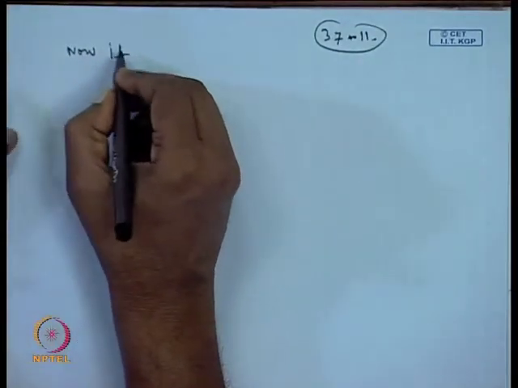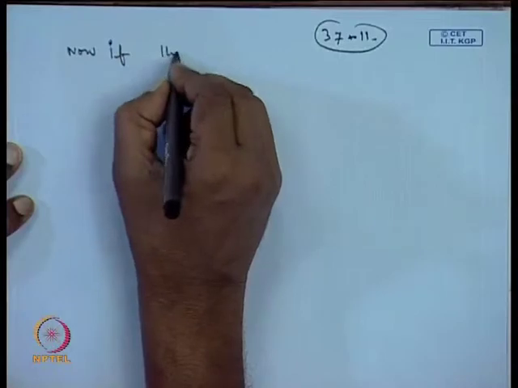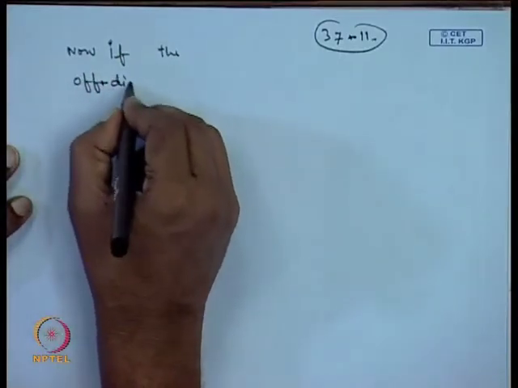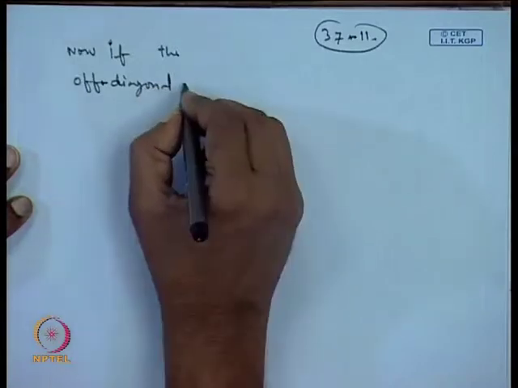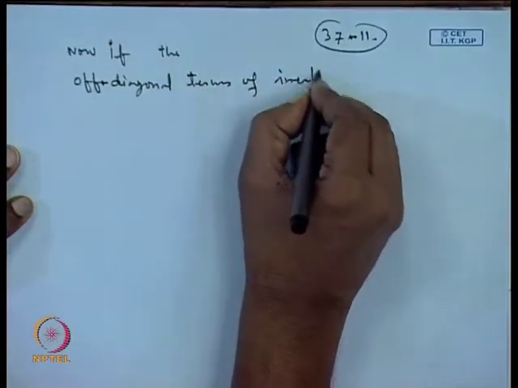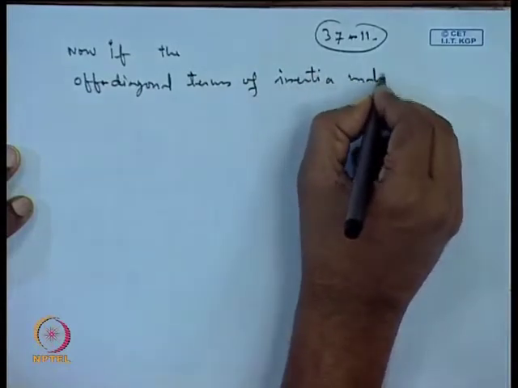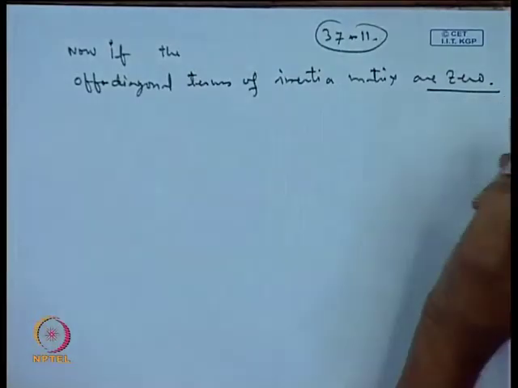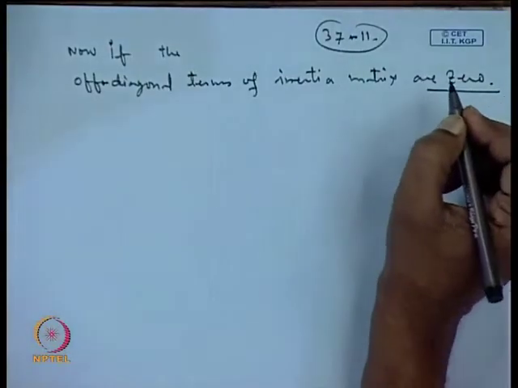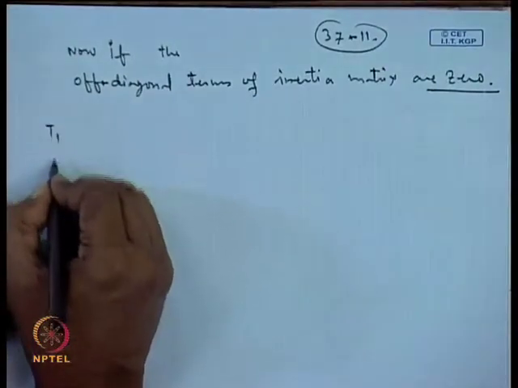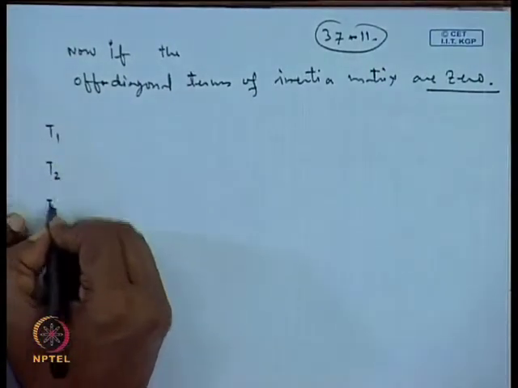Now, if the off diagonal terms of the inertia matrix are 0, then what we get is T1, T2, T3.